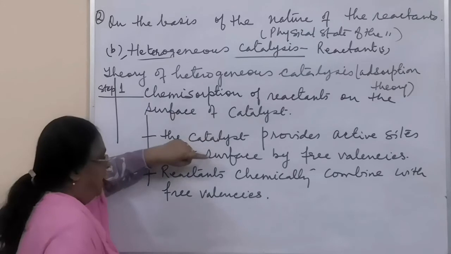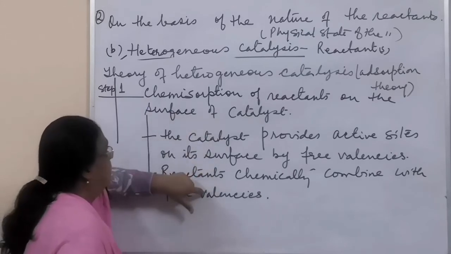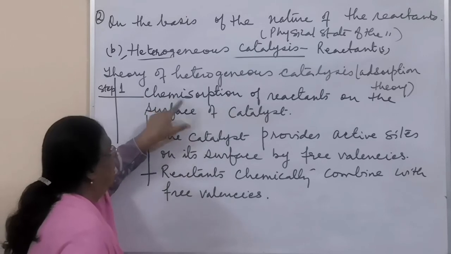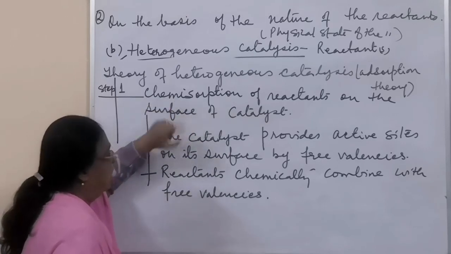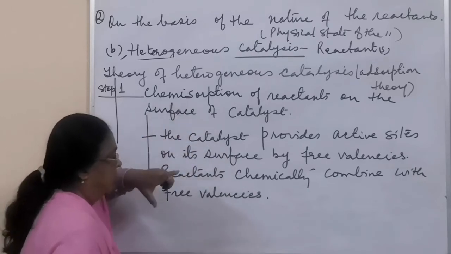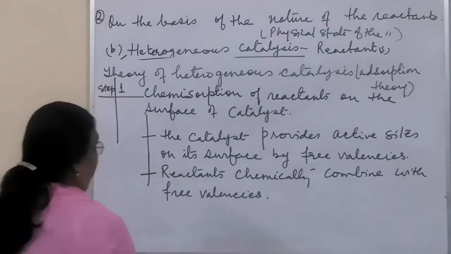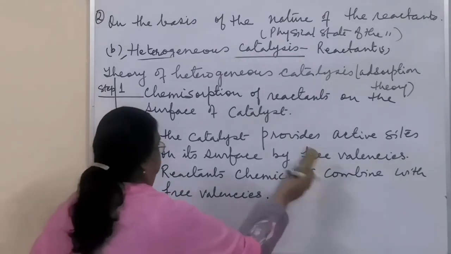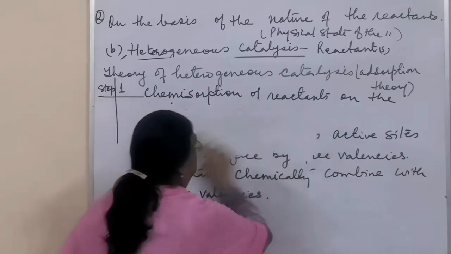So when they are forming a valence bond on the surface, that phenomenon is called chemisorption. In the first step, chemisorption of the reactant takes place on the surface of the catalyst, where the catalyst plays the major role. They provide free valency, that will be their active site.